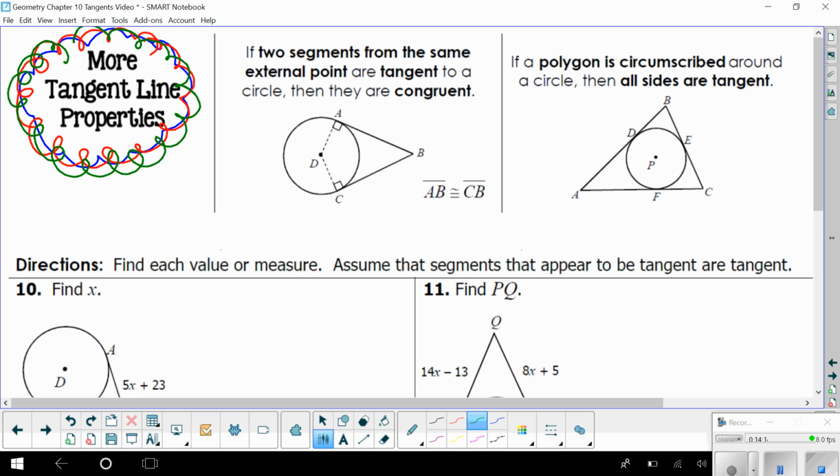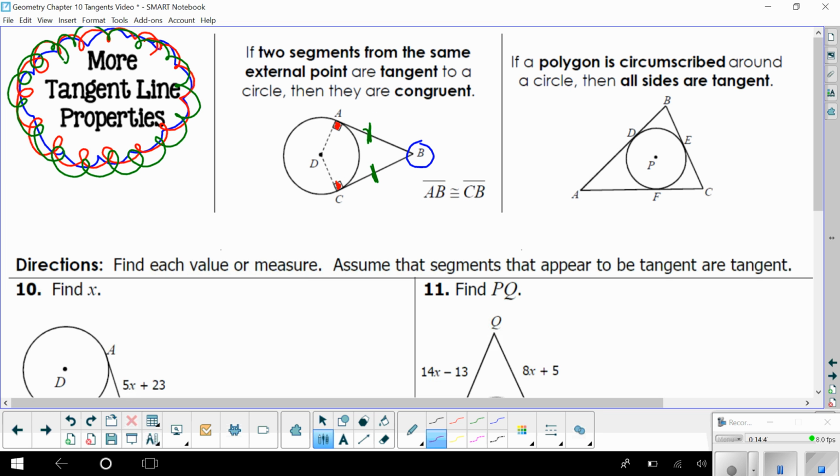So if two segments, AB and CB, from the same external point, so this external point right there, are tangent to the circle, so if they're tangent, that means that they have this 90-degree angle, then they are congruent. So they are congruent, right?